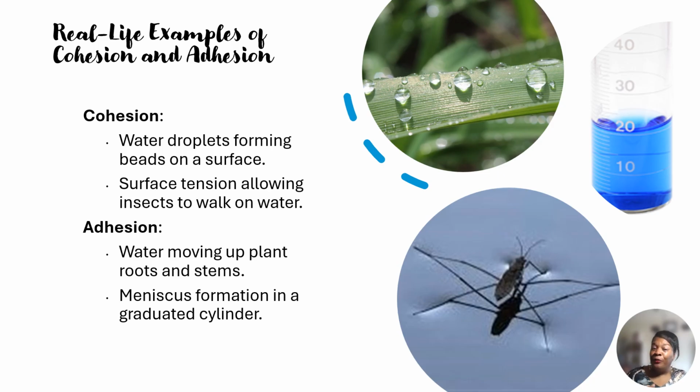And as I said before, water moving up plant roots and stems is an example of that particular process. Or you can think of meniscus formation in a graduated cylinder. If you look at a graduated cylinder in any science lab, there's a little curve right below the numbers where that mark is to tell you how much liquid is inside. That little curve that you see deals with adhesion.